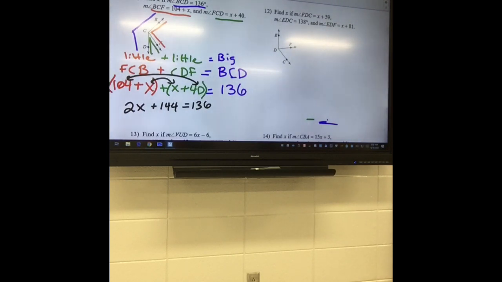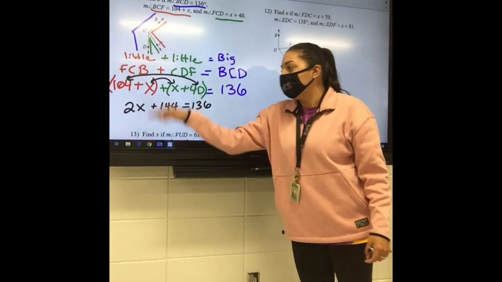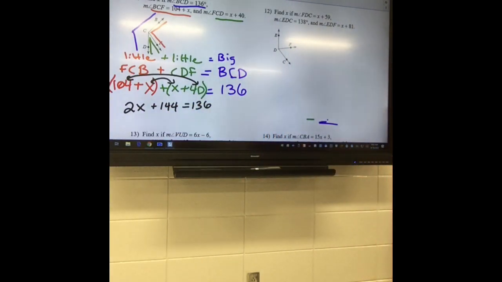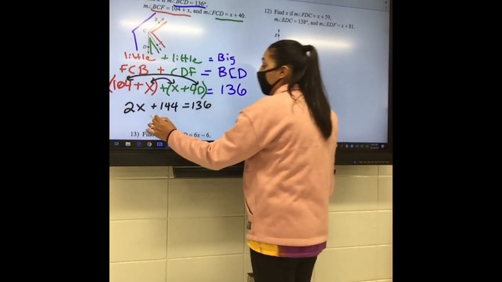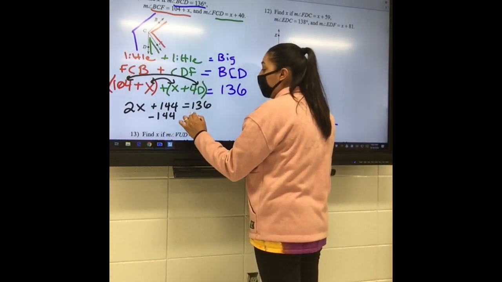This is a little confusing, if you don't mind me saying. Okay, so now, same thing, we're solving for x. So how do I get x by itself? I got 2x plus 144 equals 136. We minus 144 from both sides.